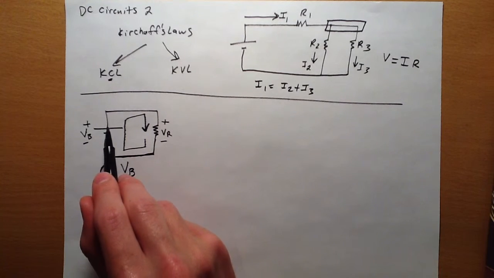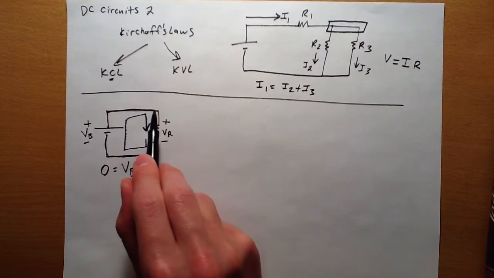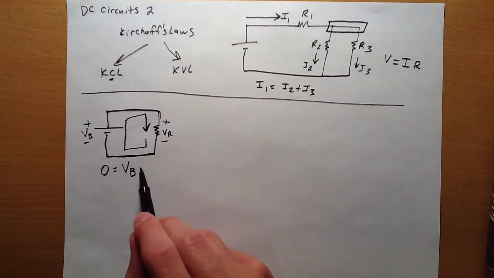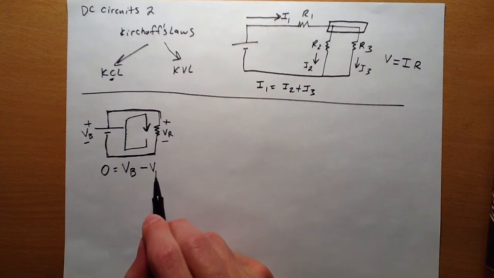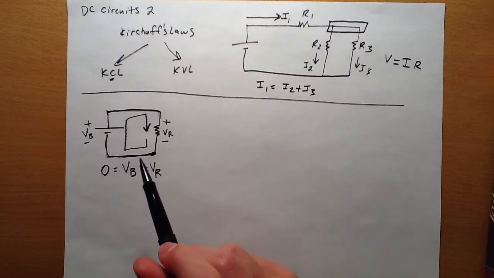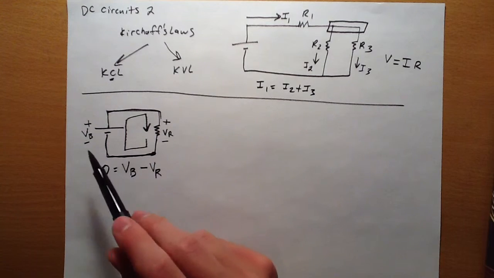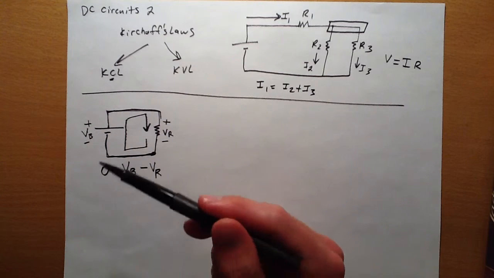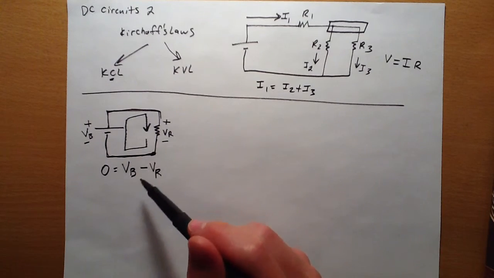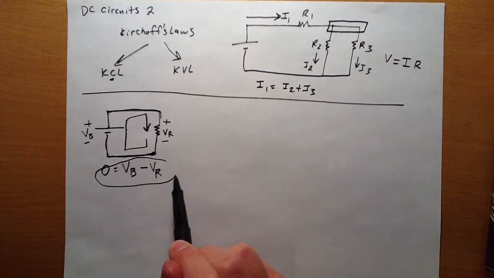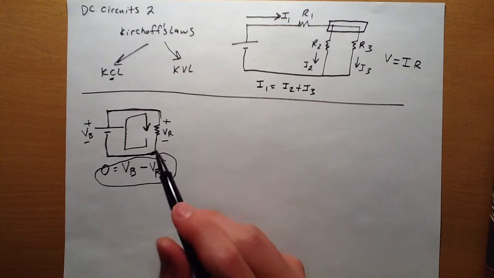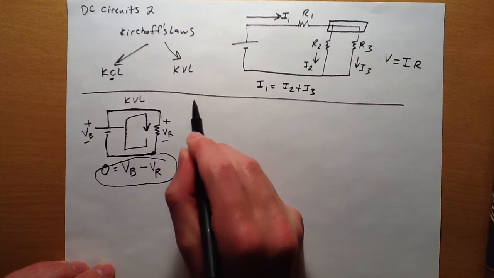Then we keep going around. We get to VR. It's a voltage drop, so we subtract it, and we get back to the original point. This tells us that the voltage rise across the battery must be equal to the voltage drop across the resistor. If we know one of these, we can solve for the other one. And this is Kirchhoff's loop rule, Kirchhoff's voltage law, KVL.